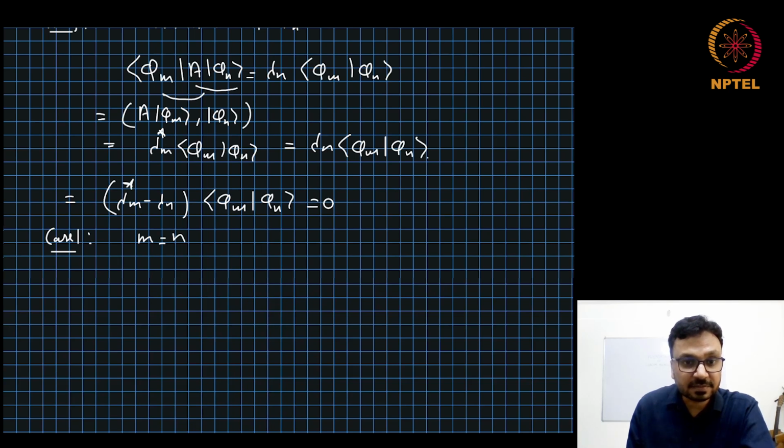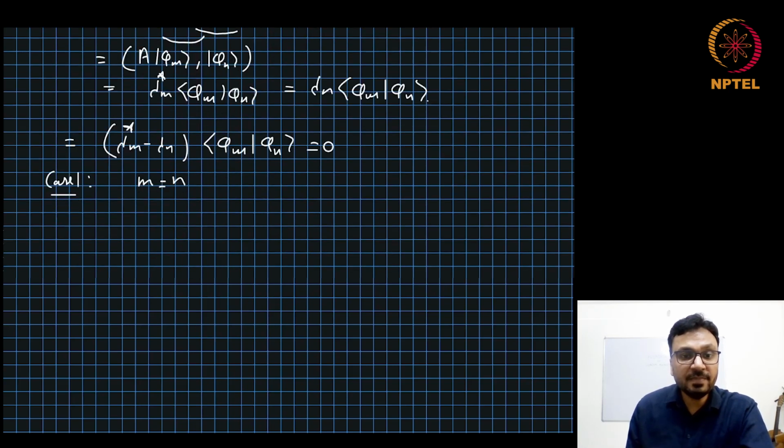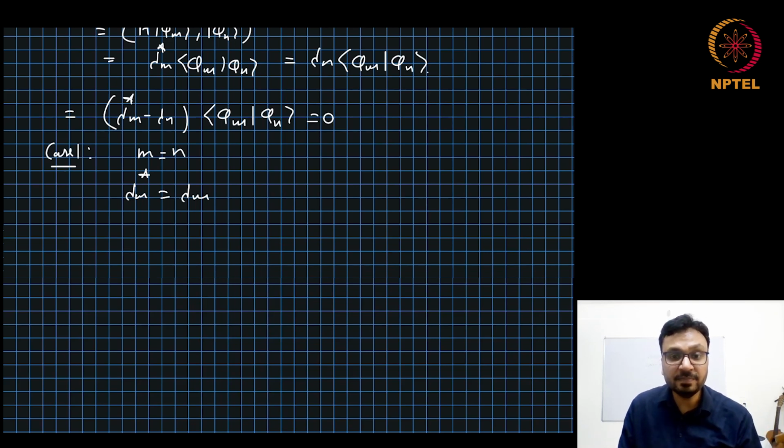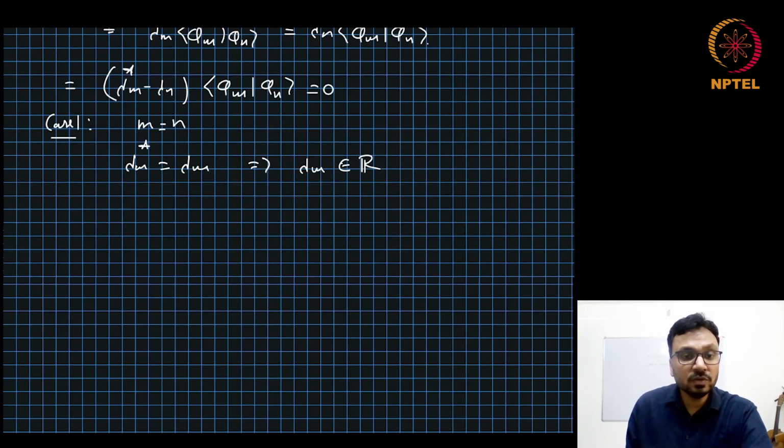So it's lambda star. Yes. So when m equals n, then lambda m star equals lambda m. This implies that all the lambda m's are real. Okay. So it means all the eigenvalues are real. The first thing is proven.